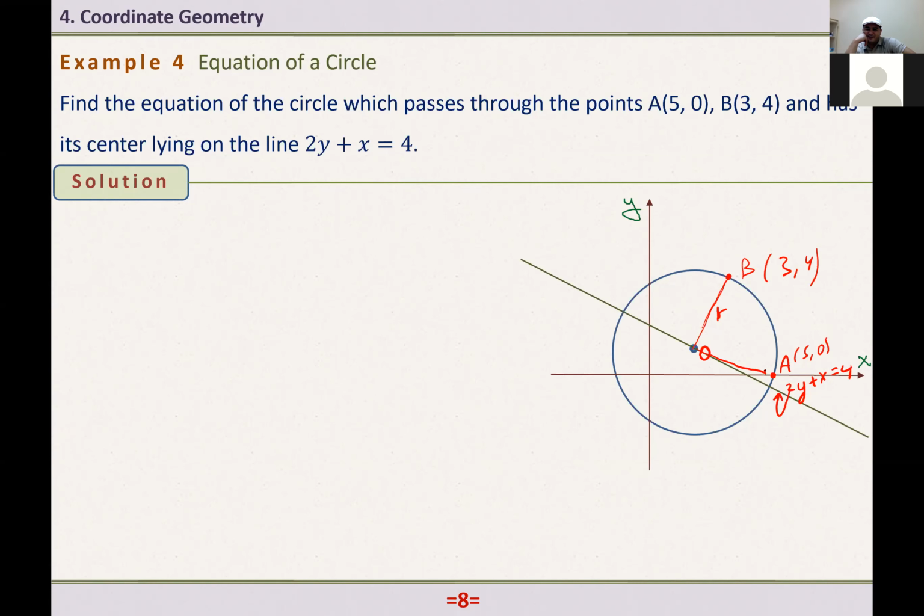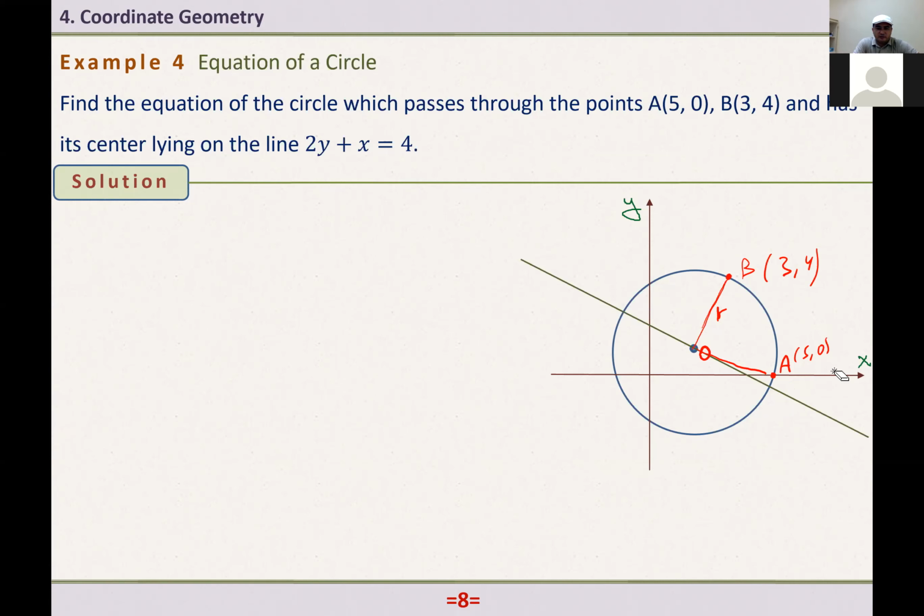Where's your circle? Okay. My question for you, Amira, here it says that its center lies on the line.